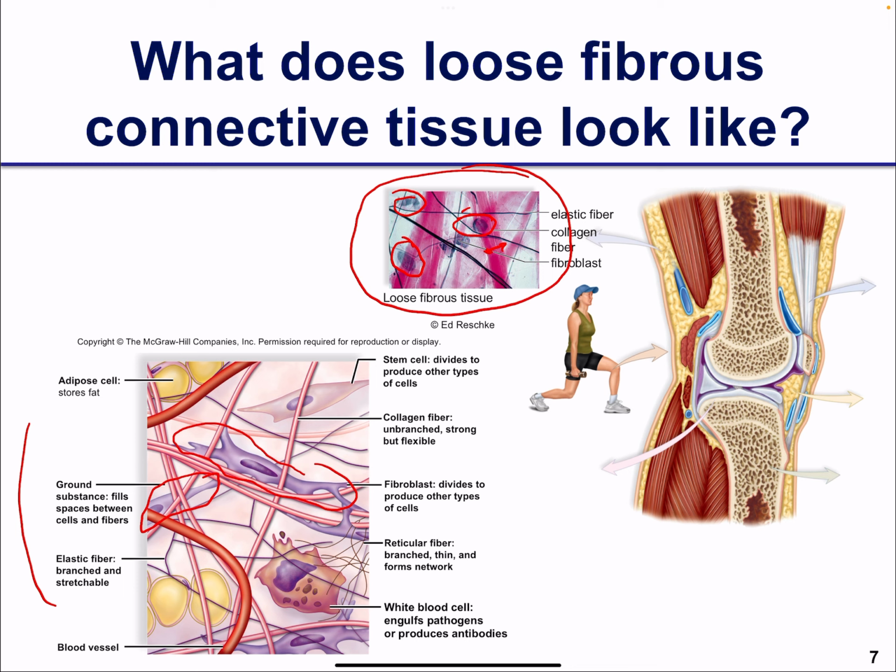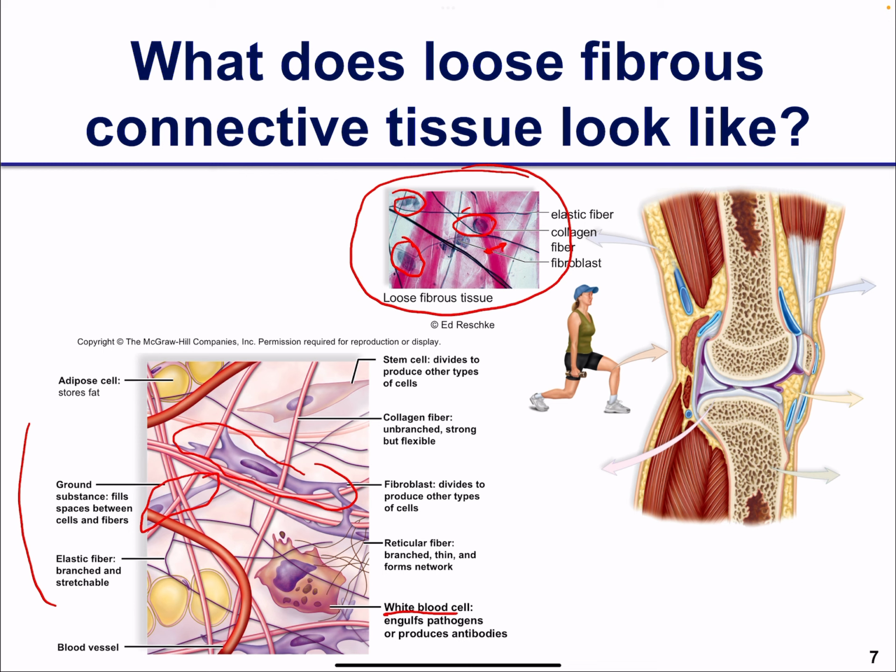Okay, but in organs where you're going to find loose connective tissue, the fibroblasts are not the only cells you are going to find. You are also going to find things like white blood cells, but these white blood cells are in circulation. They are not resident of that loose connective tissue.